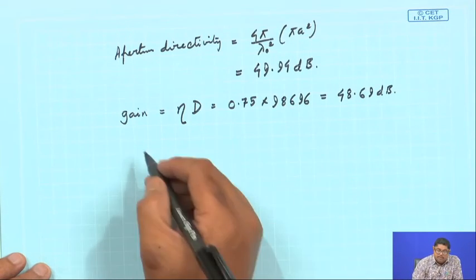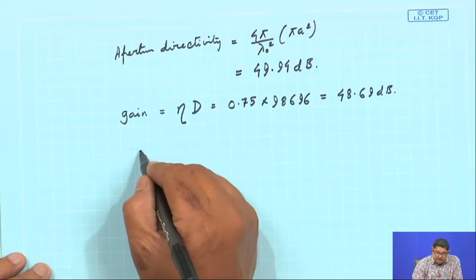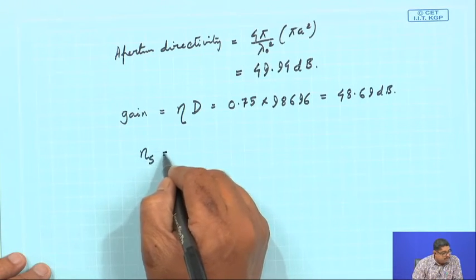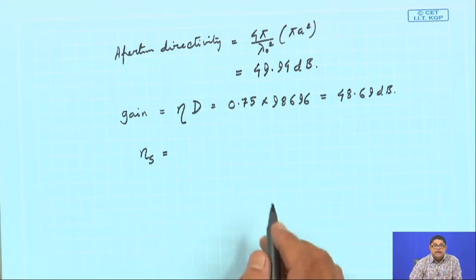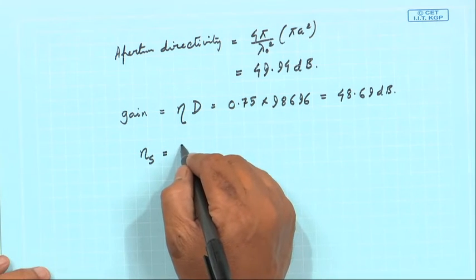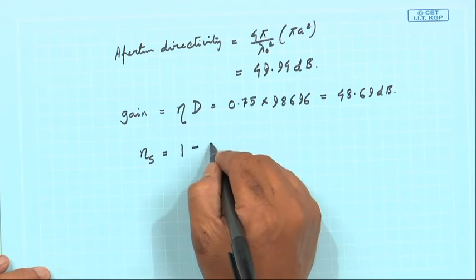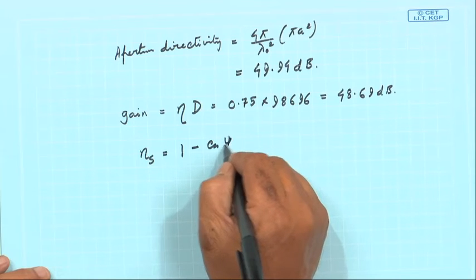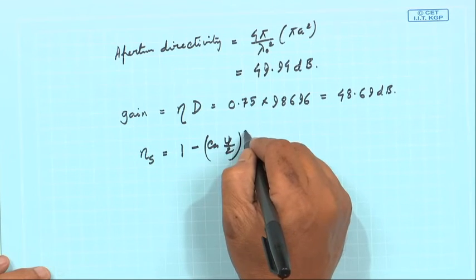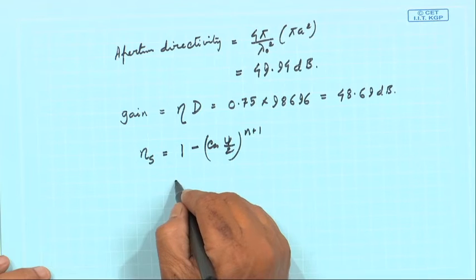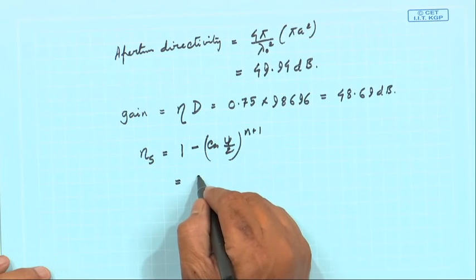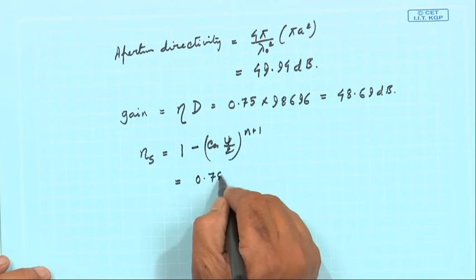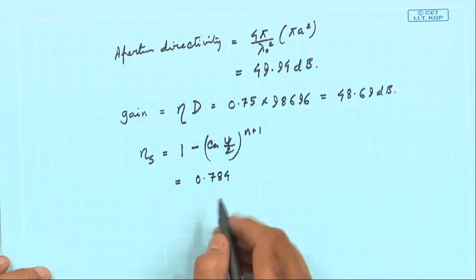And now, what is the spillover efficiency? Since we know the aperture, we can find spillover efficiency: 1 minus cos psi by 2 to the power n plus 1. So, that will be 0.784, so 78.4%.